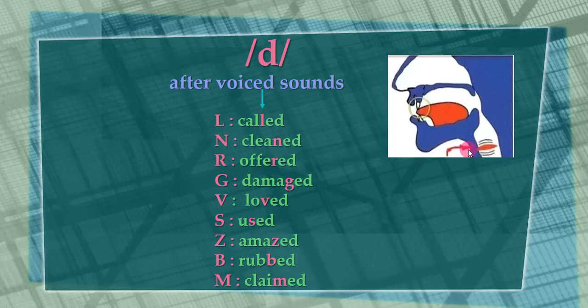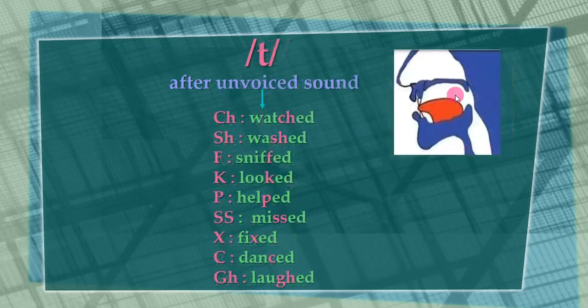If you put your finger on your neck, you can feel the vibration when you say the word cold, while if you say the word watched, you will not feel the vibration in the vocal cords.